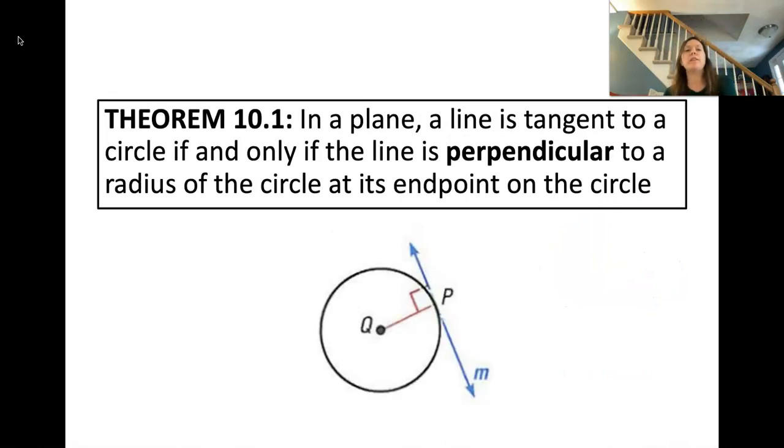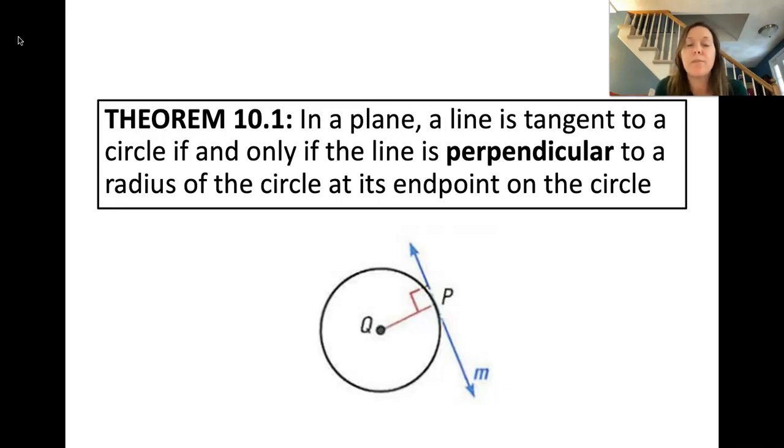Okay, so now we have a bunch of theorems that get applied to this lesson. Theorem 10.1 says, in a plane, a line is tangent to a circle if and only if the line is perpendicular to a radius of the circle at its endpoint on the circle. So go ahead and make that diagram. Notice we have circle Q, because Q is in the center.